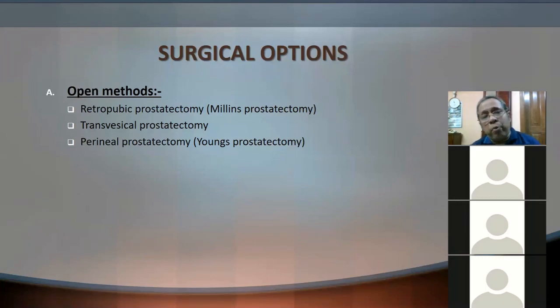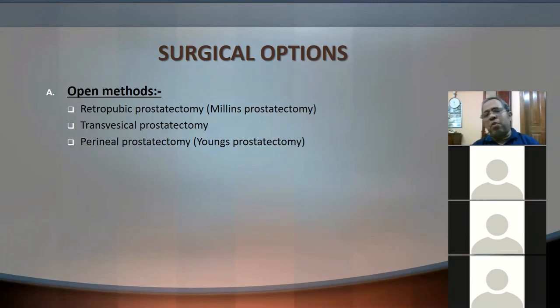For that reason, the name comes from the approach. In the retropubic approach, you give a Pfannenstiel incision, the skin and subcutaneous tissues are divided, the rectus sheath is divided, the rectus and pyramidalis muscles are retracted, and the bladder is retracted. You dissect into the retropubic area, go to the anterior wall of the prostate, make an incision, dissect the prostate out, give some stitches, and put a catheter inside. This is called retropubic prostatectomy.